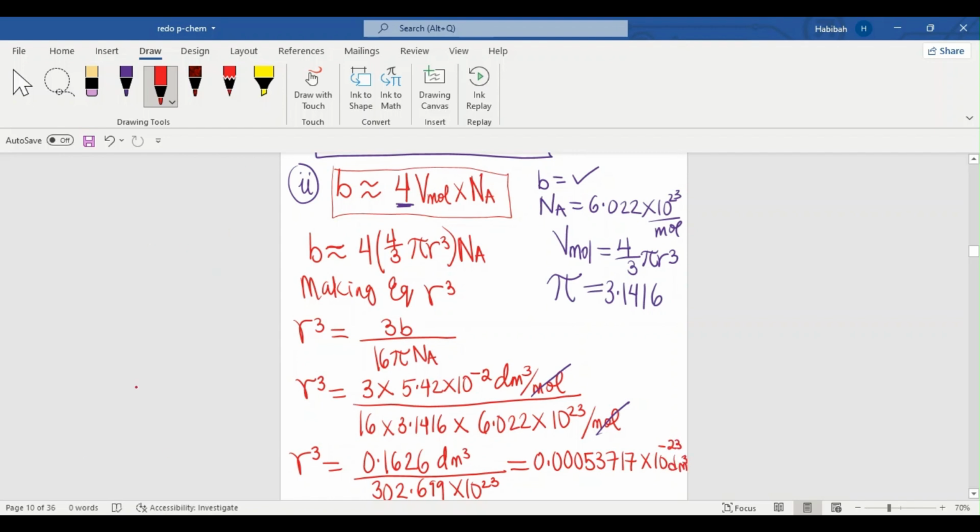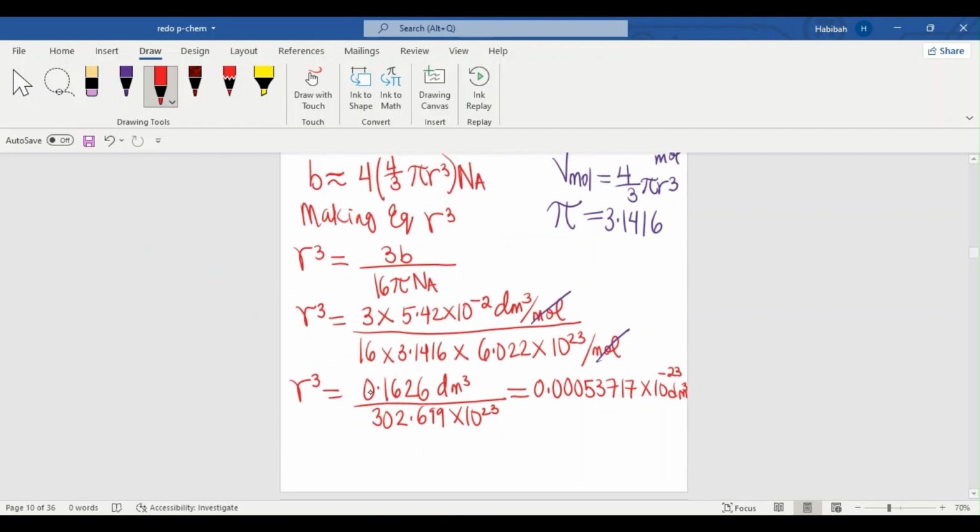So that's it. Of course, we do the needful and say, sorry, not r cubed, now it's going to be r, and we find the cube root of this value. Let me rewrite this in a better way: 5.3717 times 10 raised to the power of negative 27 dm cubed.